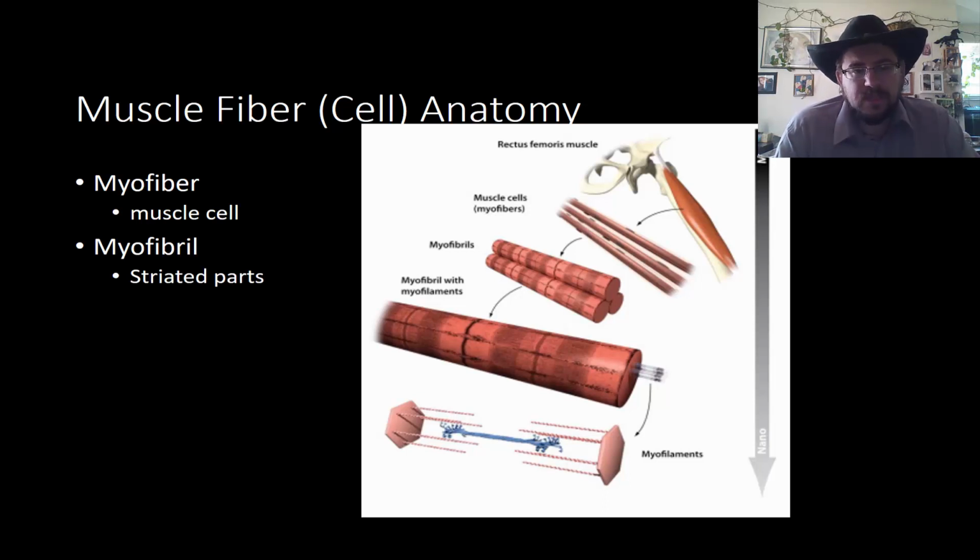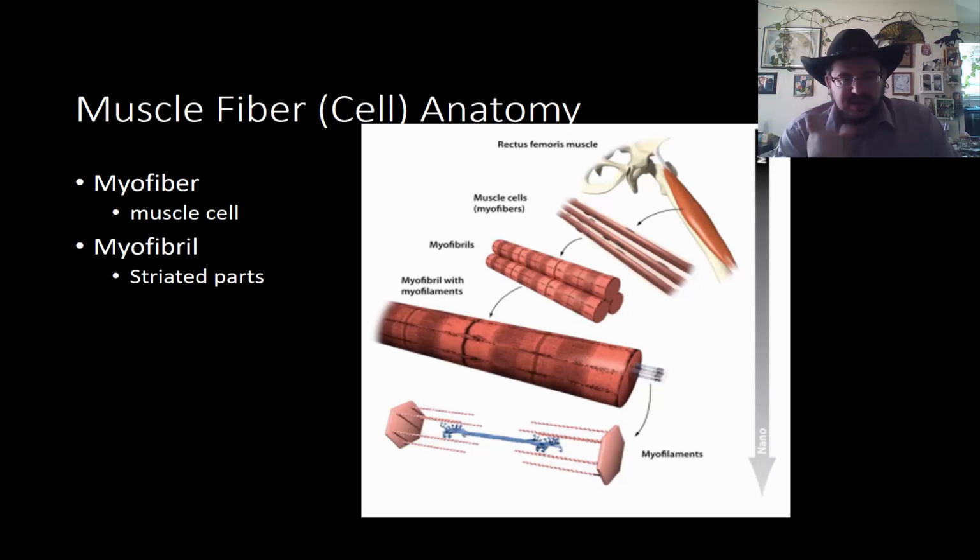So, when we look at a single myofiber, a single muscle cell, there are multiple myofibrils making up little contracting units, giving you those multiple striations.